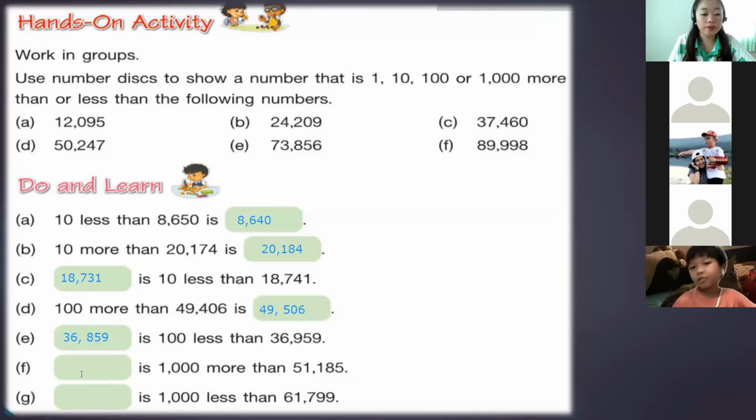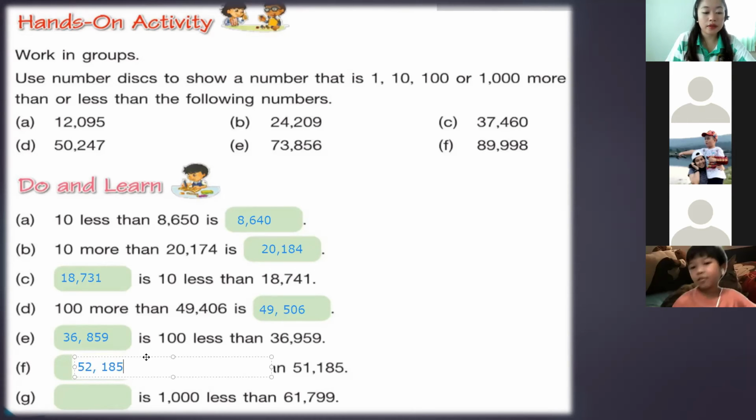Okay, so we have blank is 1,000 more than 51,185. So we're going to add 1,000 to 51,185. So 51,185 plus 1,000 is equal to 52,185.